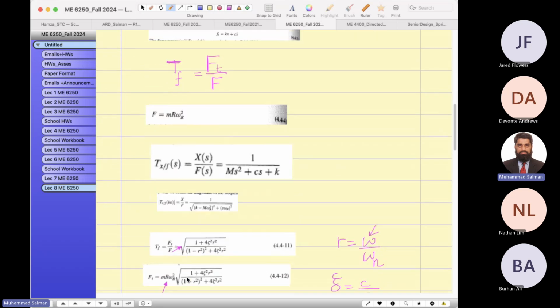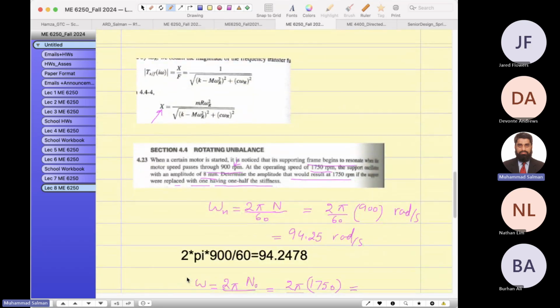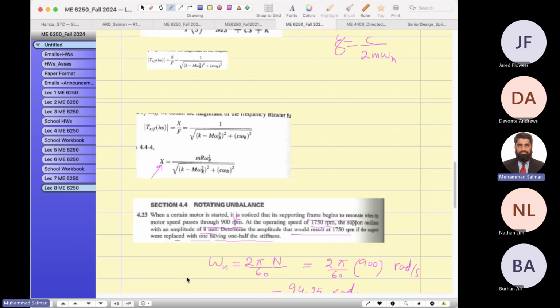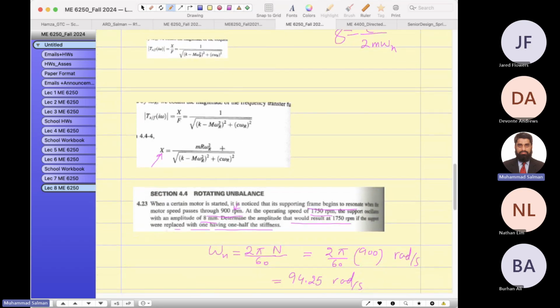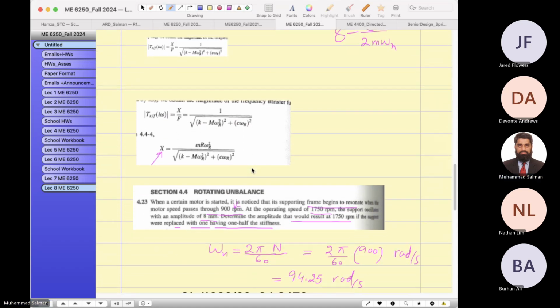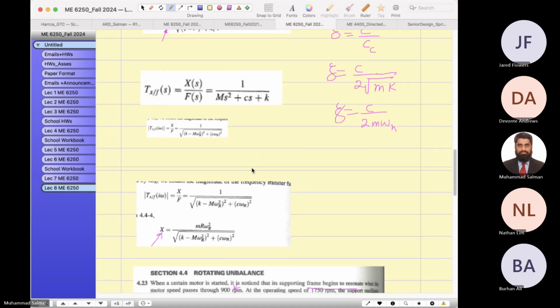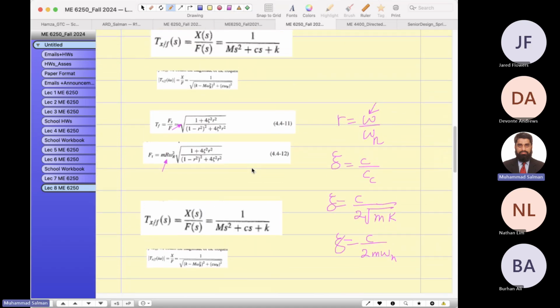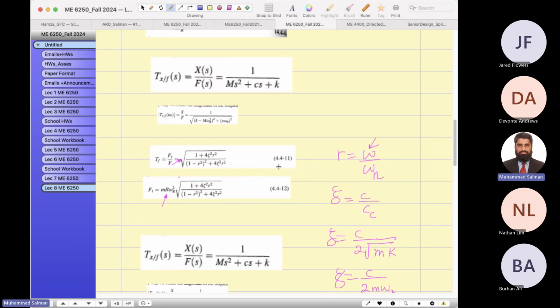In this specific case, it has not mentioned any zeta value, neither C value, so there is no damper involved. So zeta would be 0.